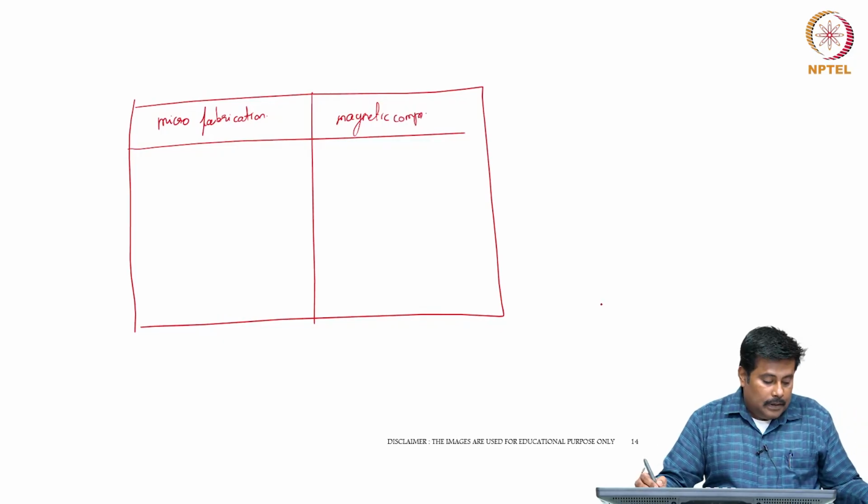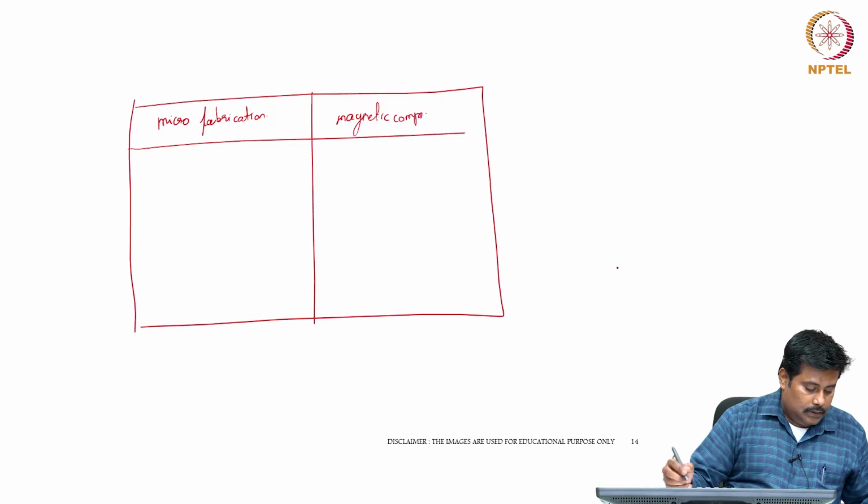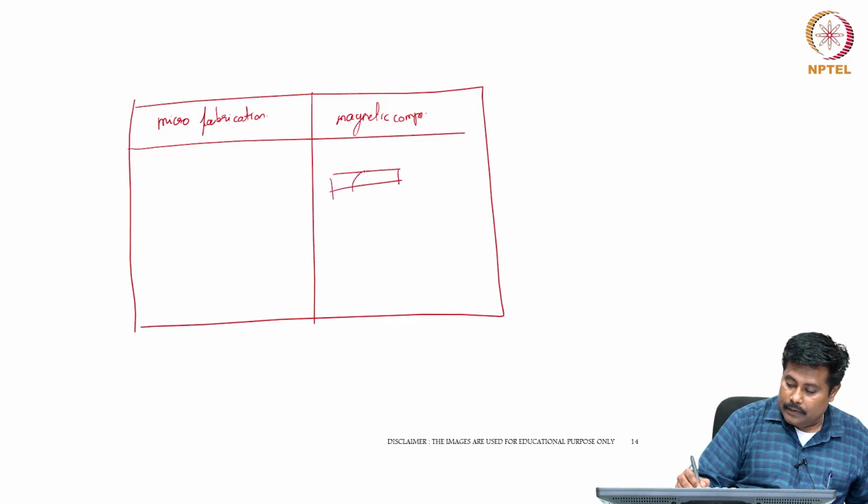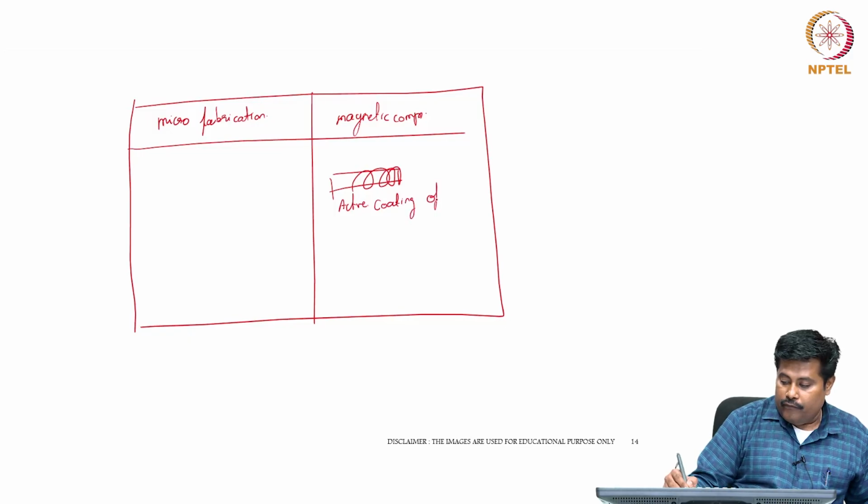these magnetic components are classified into three. So one is a kind of coating a magnetic structure on the system, that is active coating of magnets on the systems.